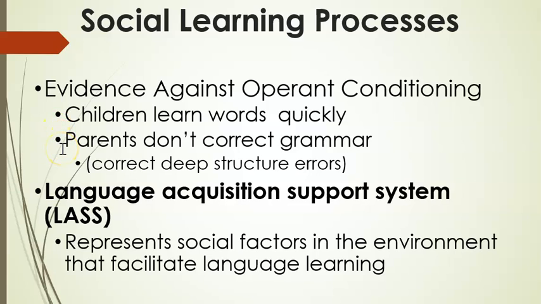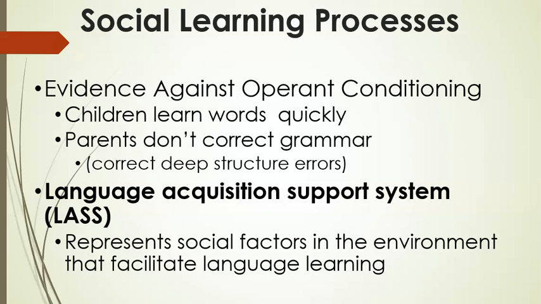Also, the parents tend not to correct grammar, at least not when they're super young. So again, children tend to learn a lot of words as well as some grammar without the use of operant conditioning. So while operant conditioning helps, not all language is learned through operant conditioning.